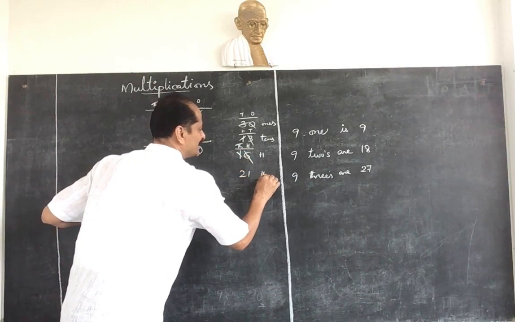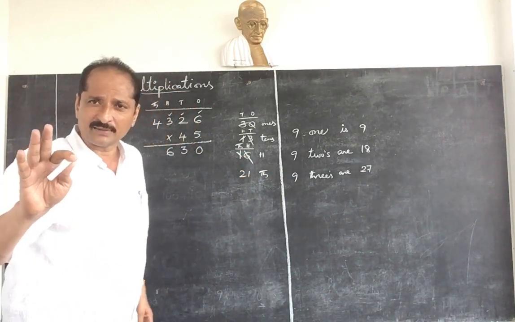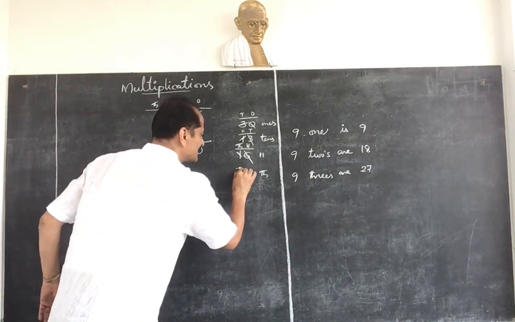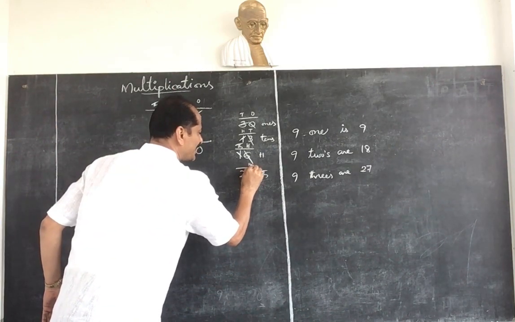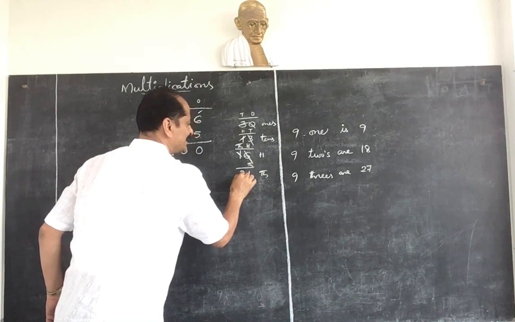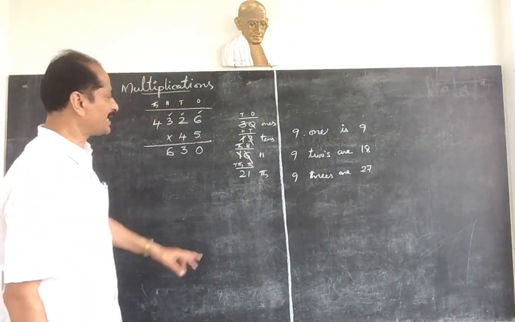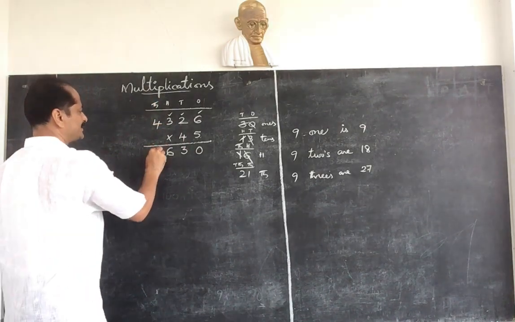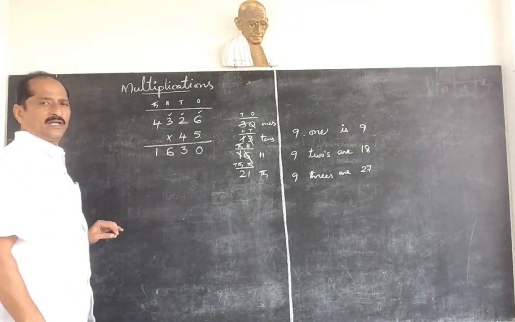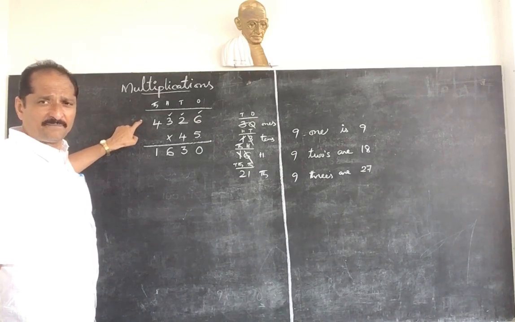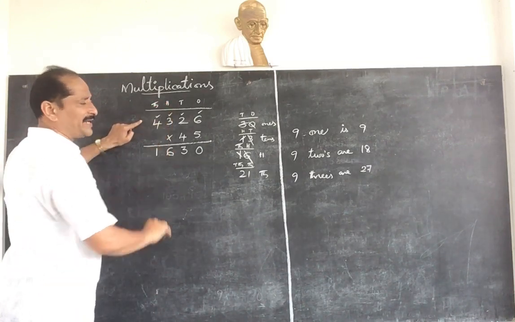So this is thousands. 21,000 means, observe carefully, 1 is in thousands place, next greater than thousands, 10,000. So this is 10,000 place, 2 is in 10,000. So write down 1 under thousands place. Now is there any digit to multiply here? There is no digit. With 4 also we multiplied.